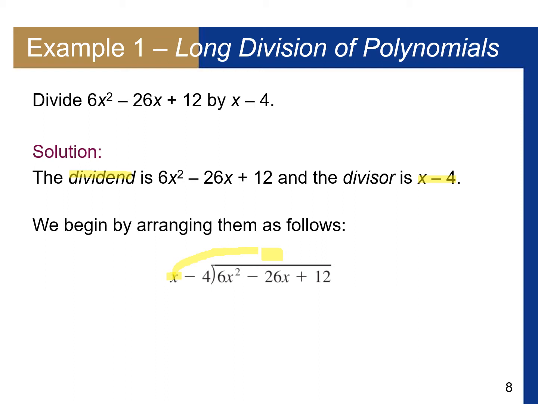So in other words, I already have x, and what would I multiply that x by so that I will get 6x squared? So I'm going to multiply it by 6x. And 6x times x will give me 6x squared.